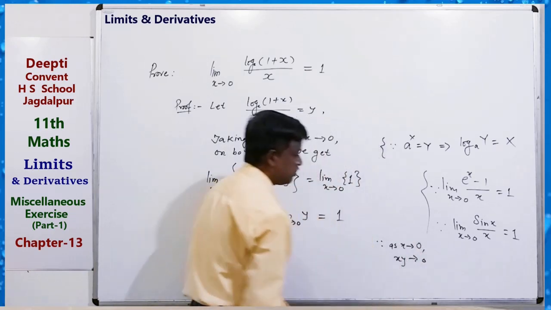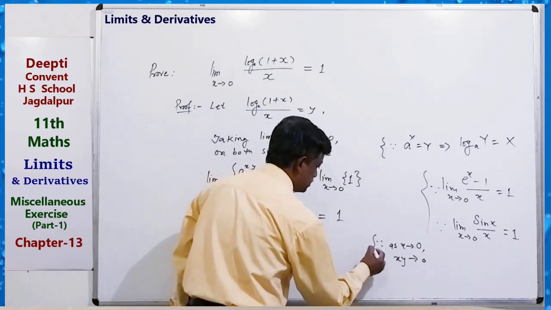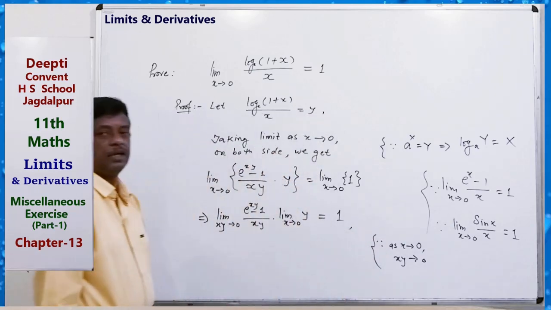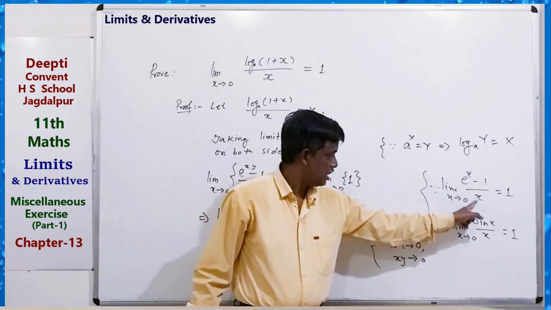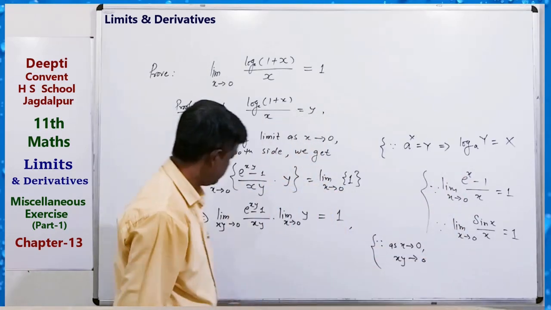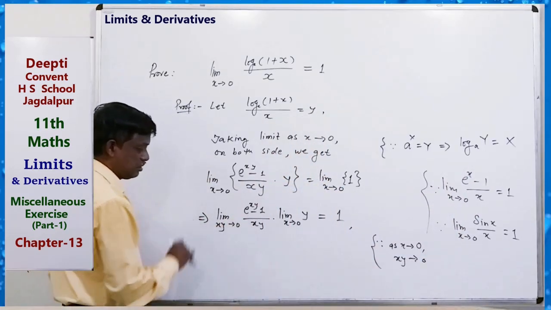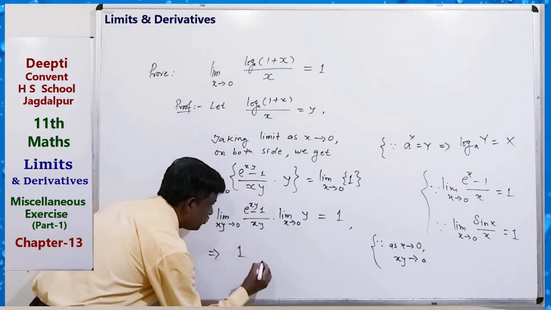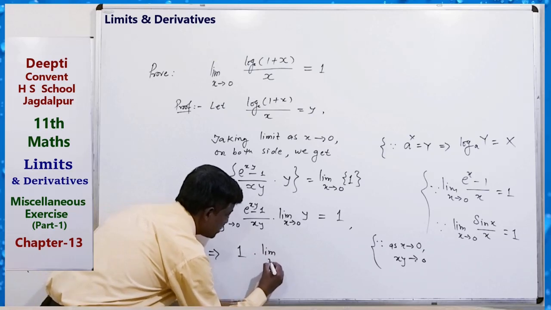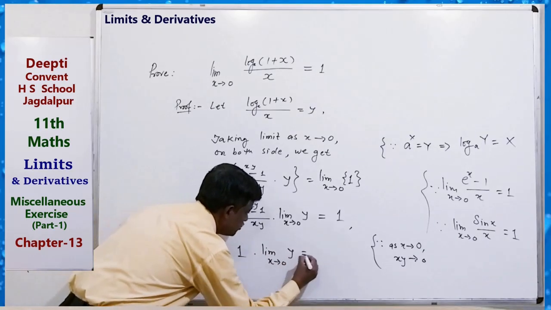Because y is a finite quantity, so here we can use this x tending to 0 quantity, so here xy tending to 0 quantity. So this is equals to limit 1 and limit of x tending to 0 y equals to 1.